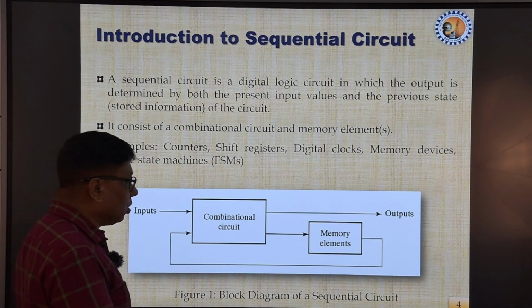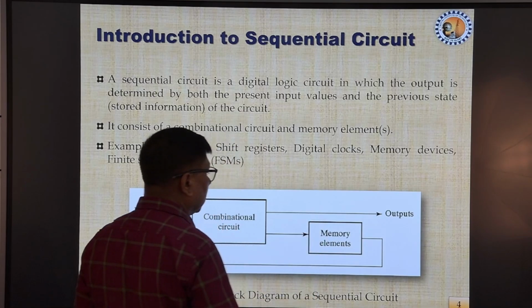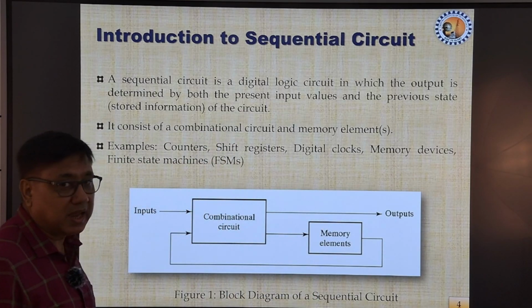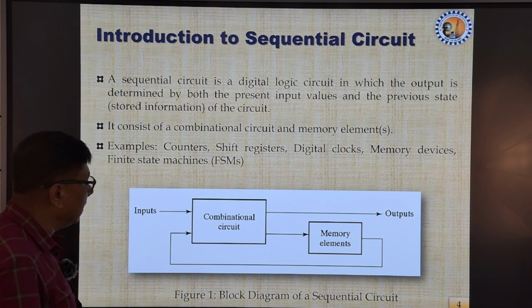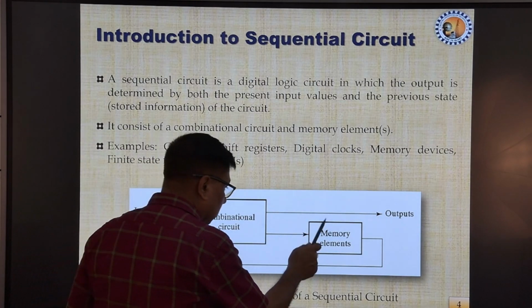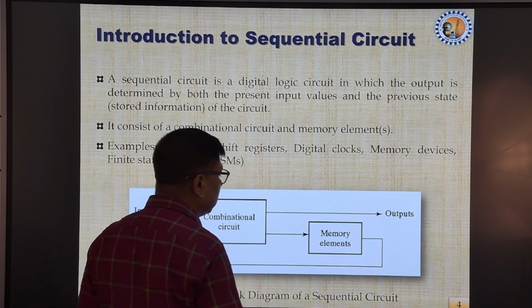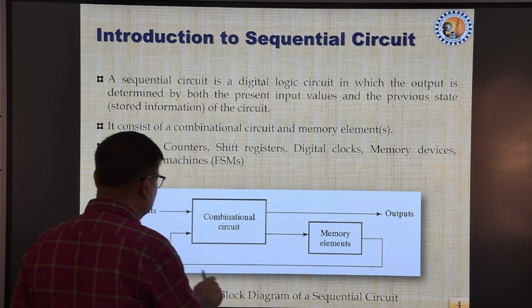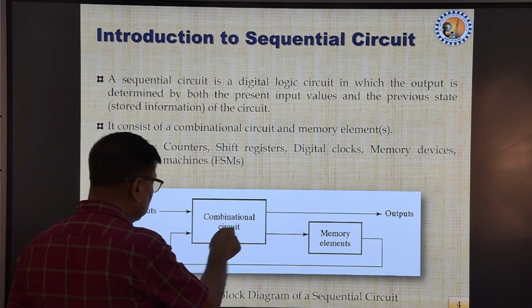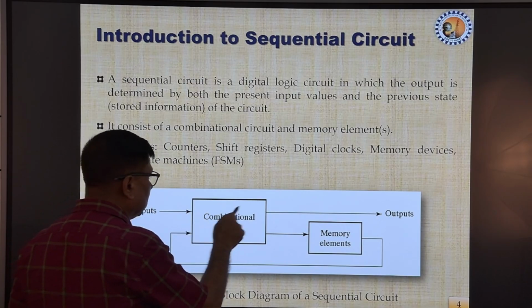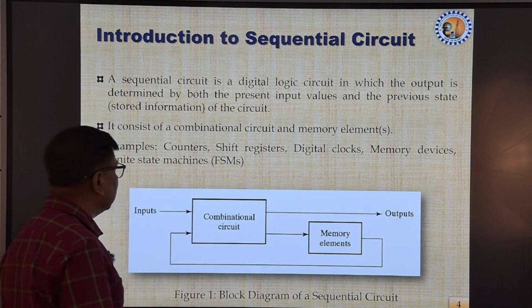The output of the sequential circuit is decided based on the present input applied over here, and then the status stored in the memory element is fed back as another input, and these two actually decide what will be the output of the sequential circuit.